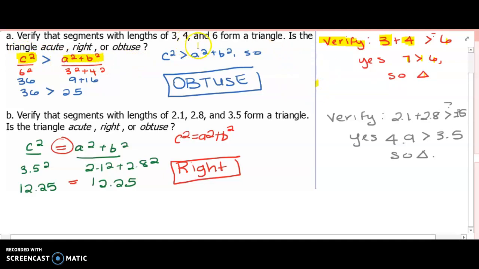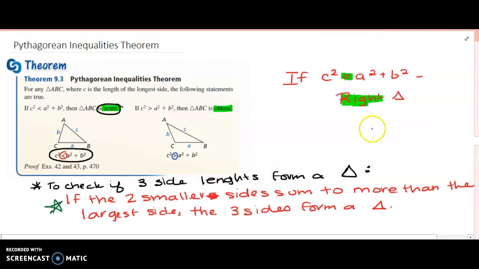And remember, your c squared is always your largest side. So I compare 6 squared to 3 squared plus 4 squared. Well, 6 squared is 36. 3 squared plus 4 squared is 25. So my c squared is bigger than a squared plus b squared, and therefore I have an obtuse triangle. And I get that right from here. If it's bigger than, it's obtuse.